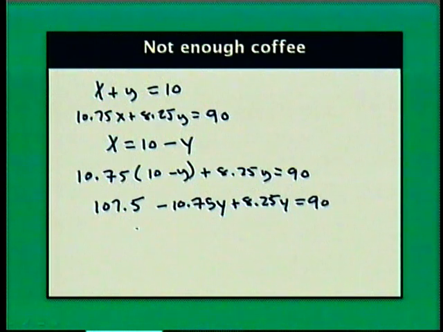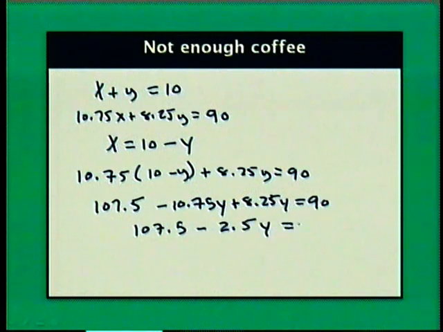Combining like terms, 107.5 minus 2.5y equals 90. Subtracting 107.5 from both sides, I get negative 2.5y equals negative 17.5.